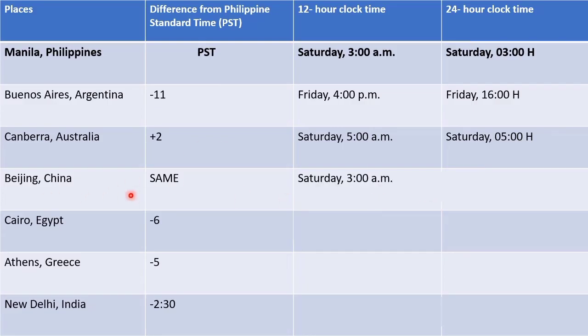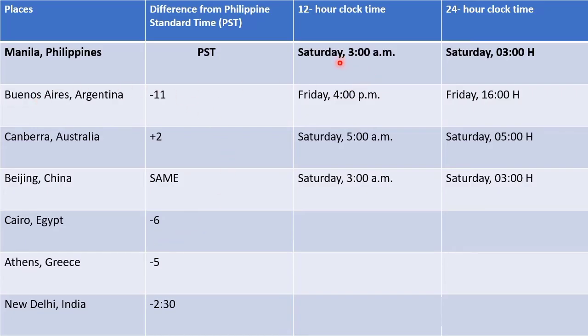That's why, kung 3 a.m. ng Saturday sa Philippines, same din sa Beijing, China, it's also Saturday 3 a.m. And yung 24-hour clock time niya ay Saturday 0300 hours. Next is Cairo, Egypt. So, -6, ibig sabihin, behind siya.